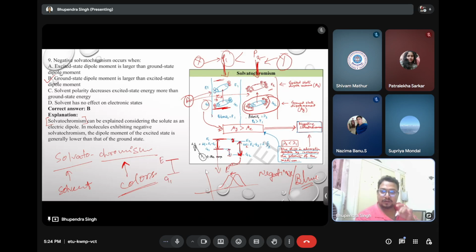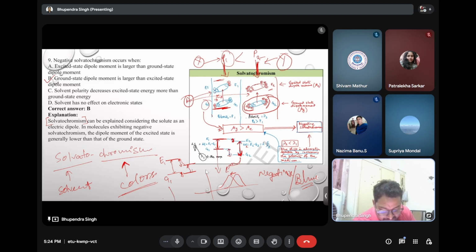So the dipole moment of the excited state is higher. Then in the case of the high polar solvent P2, it will stabilize more compared to this. So this difference is less, this difference is high, and this difference will be low.